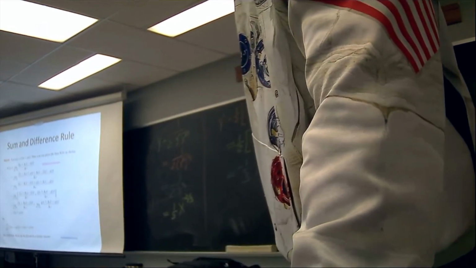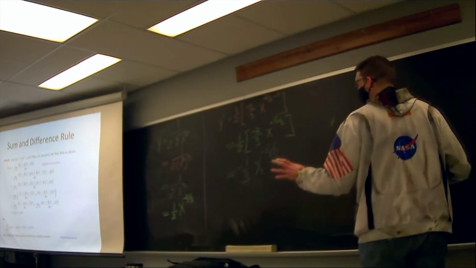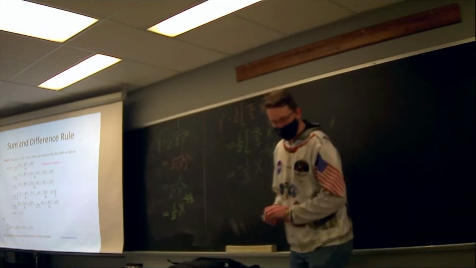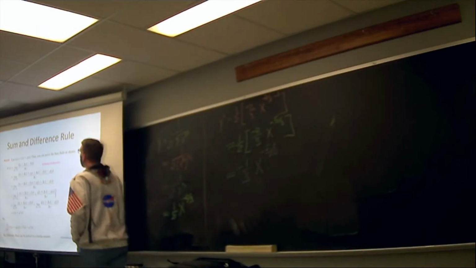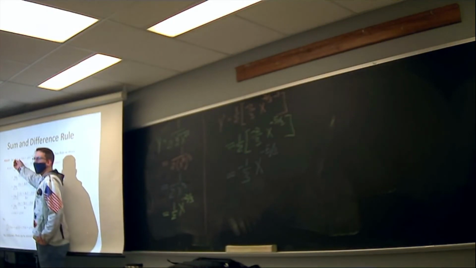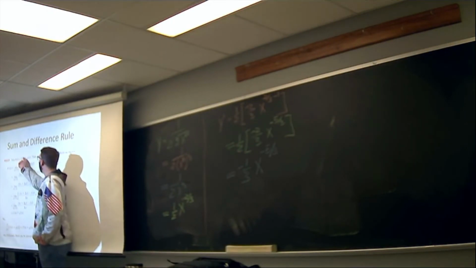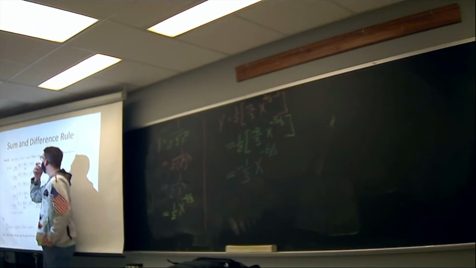let's keep moving on. The sum and difference rule. This looks like a beast, it's really not. The sum and difference rule says, let's say we have this function h of x, and it's equal to 2 other functions added together or subtracted from each other.